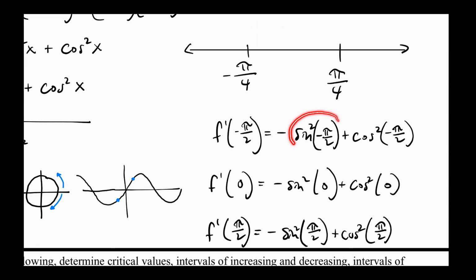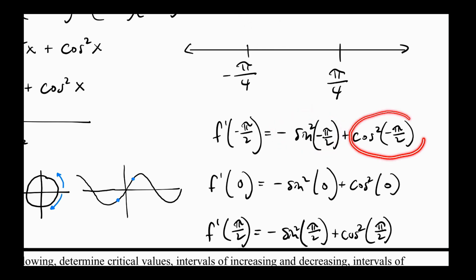But when I square it, it's going to be positive 1. Then I multiply times the negative in front, so that makes this negative 1. Order of operations says I do exponents first and then multiply. So this whole thing is negative 1.